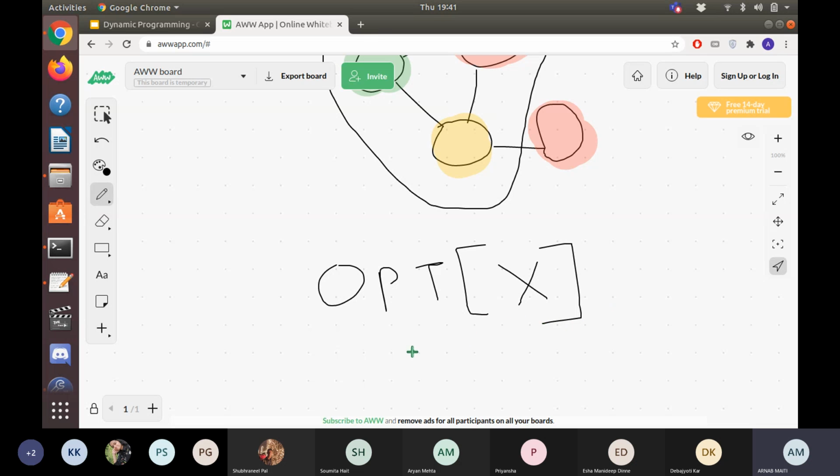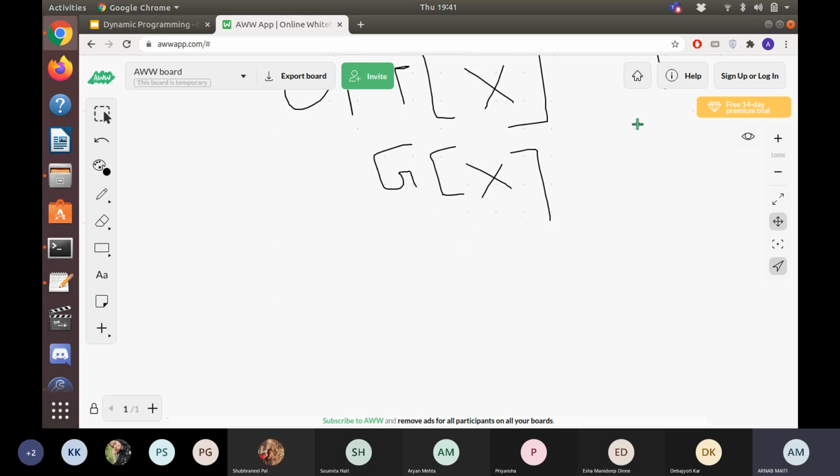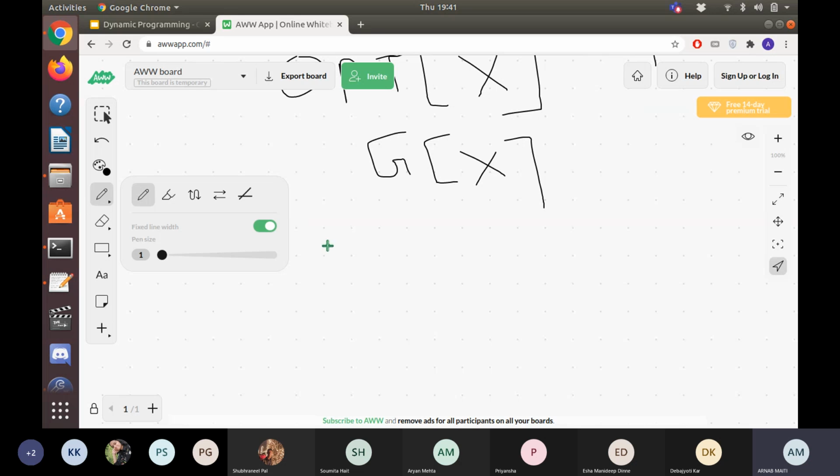It means that we want to find the chromatic number of the induced subgraph of G on X. What do I mean by induced subgraph? It means you remove all the vertices which are not present in set X from the graph G. The graph which remains is called the induced subgraph on set X. Let me give one small example.